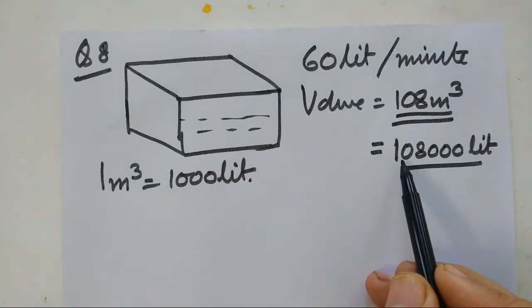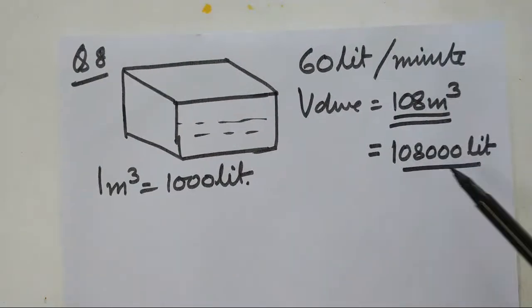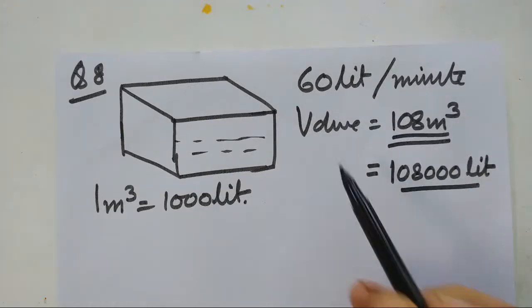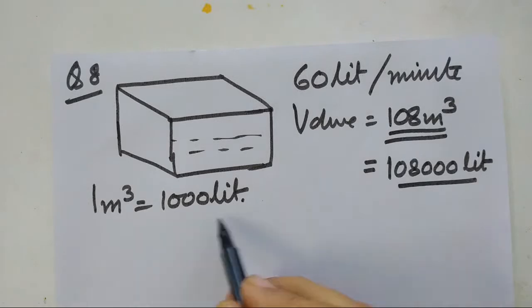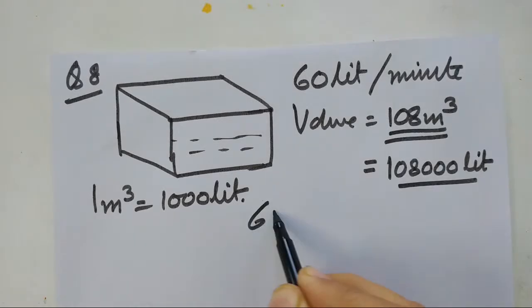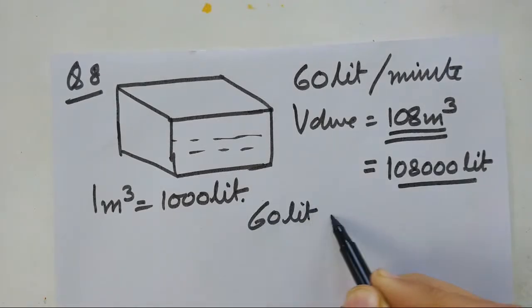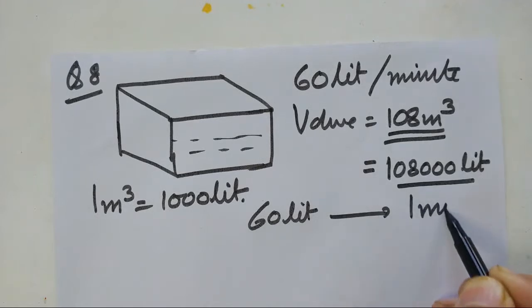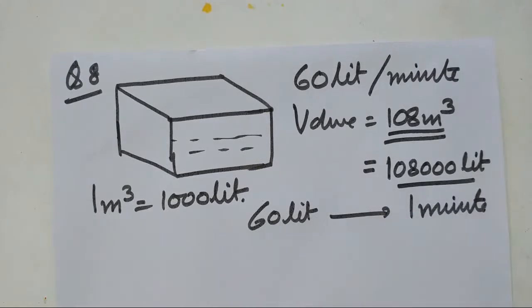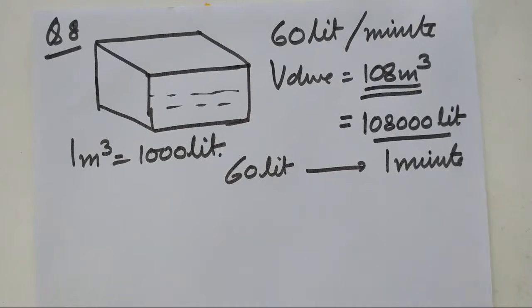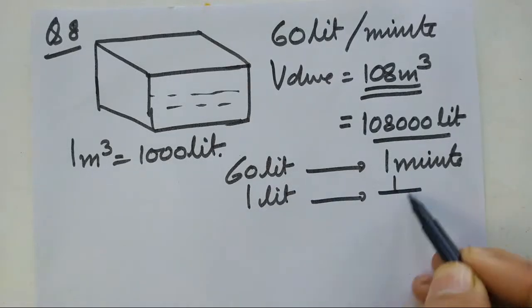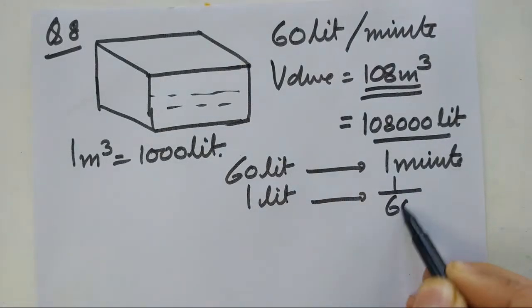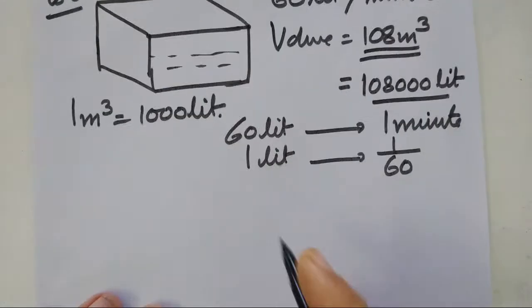The tank has this much volume and it is filling 60 liters in 1 minute. If I use the unitary method, it fills 60 liters in 1 minute. Now I can use minutes or I can use seconds also. So 1 liter it will fill in how many minutes? Less time. So 1 upon 60.